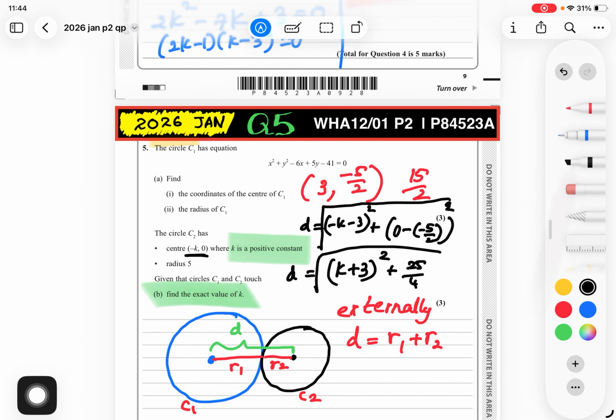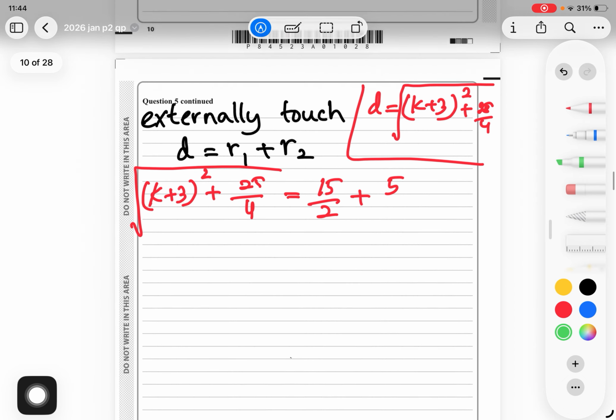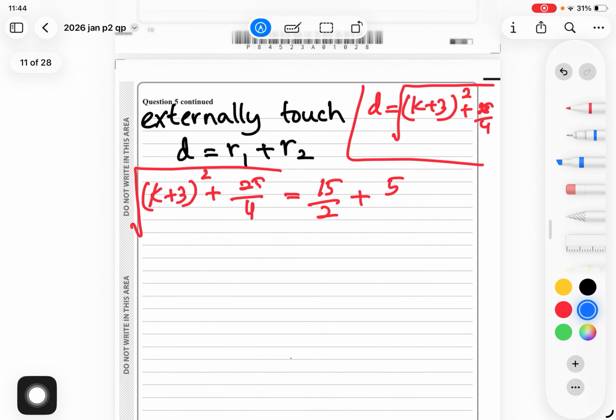Here we have one radius, and here we have another radius. So when we add it and do the simplification, let's get this expression so that we can do that.